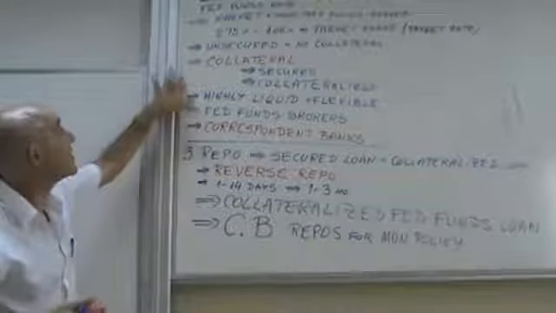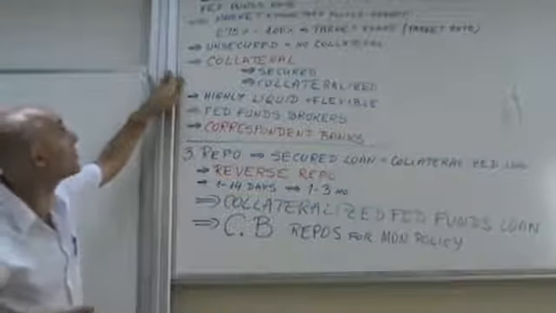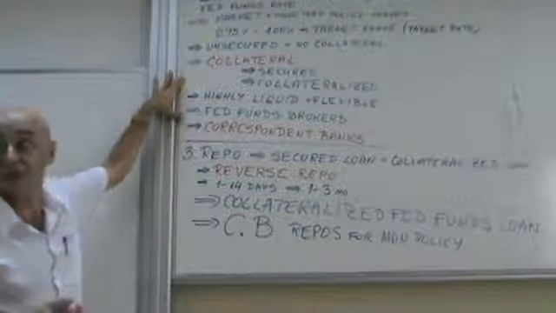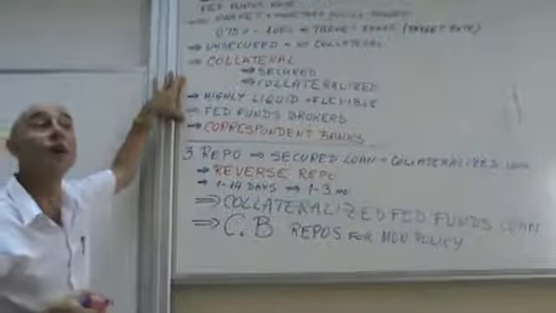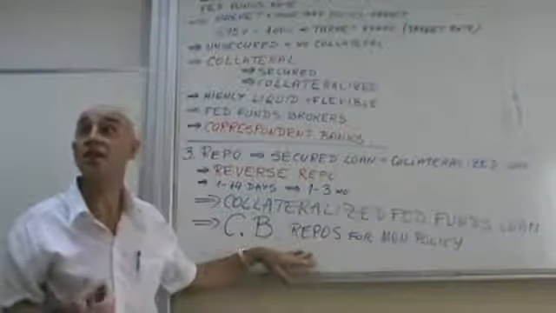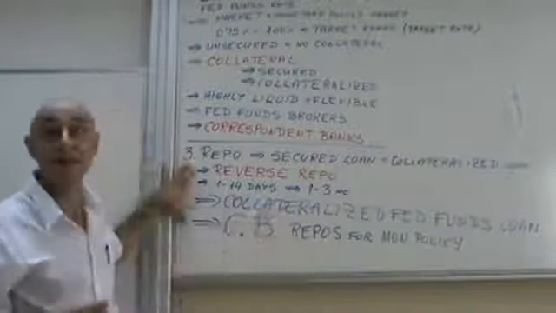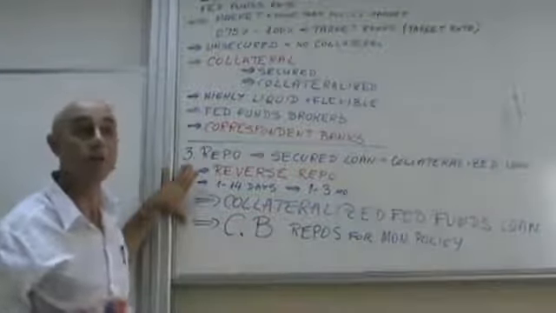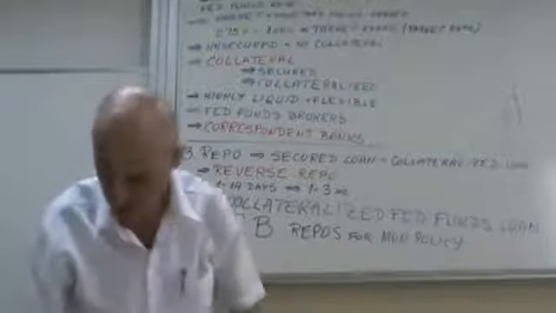So, now we see that the central bank uses Fed funds, in other words, it intervenes in the Fed funds market for monetary policy purposes. Now we see that the Federal Reserve actively participates in the repo market, again for monetary policy purposes.